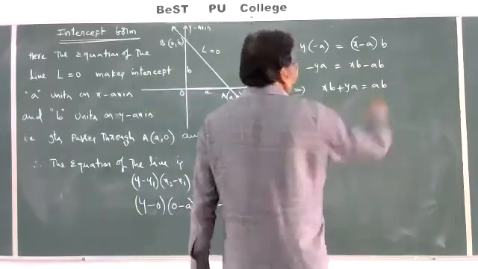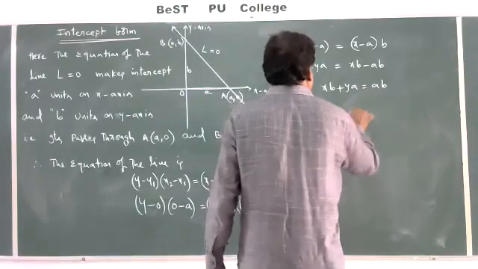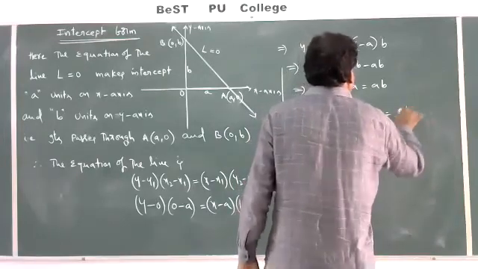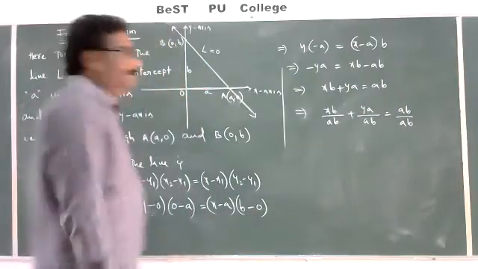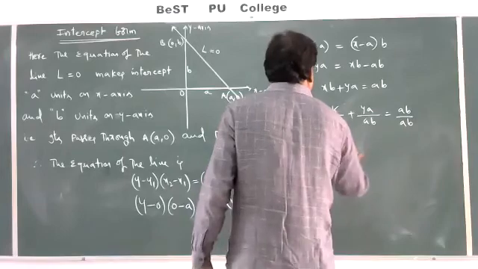That implies dividing both sides by ab. That is xb by ab plus ya by ab is equal to ab by ab. Here b and b cancel, x by a.